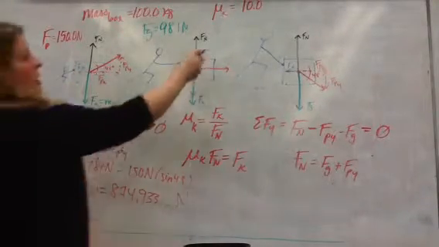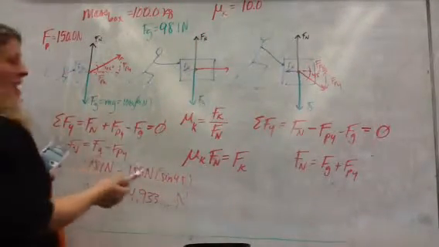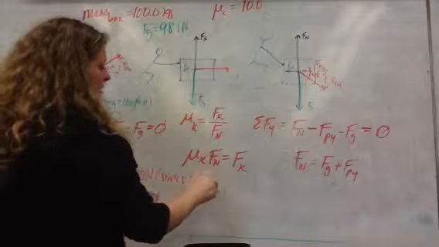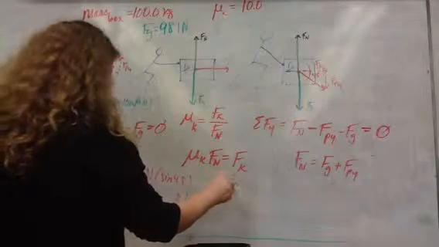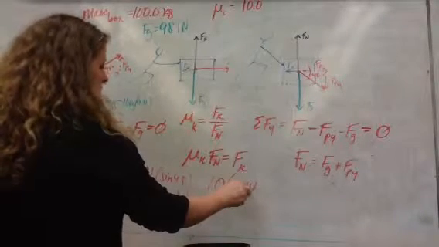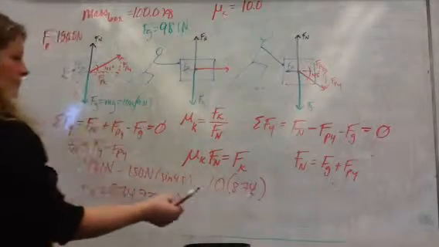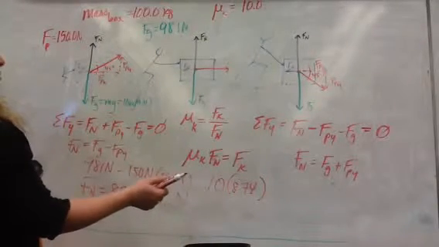Well, if we said that our coefficient of friction between this surface and this box was 10, then we have 10 times 874. I got problems with my numbers again.